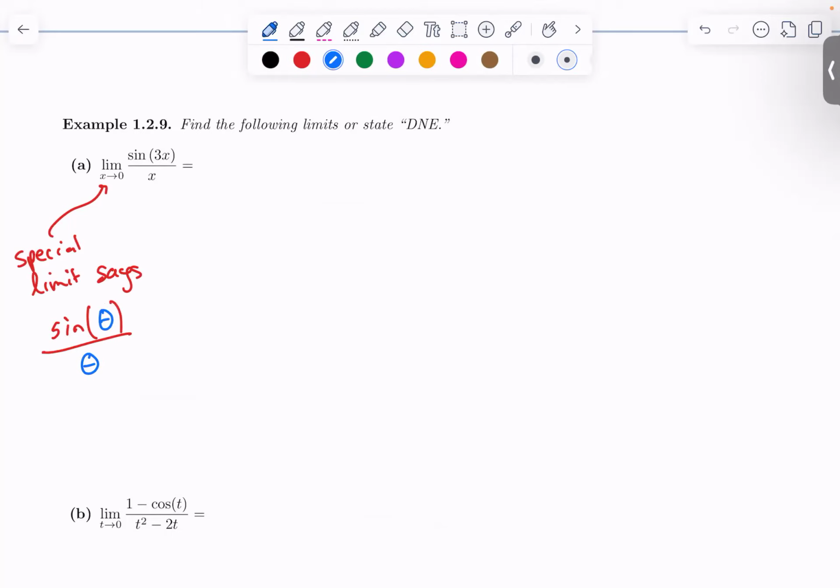And I'll explain why. What we can do, and I wouldn't expect you to know this, is multiply by 3 over 3, just for a second. Then this will be the limit as x approaches 0 of 3 times sine of 3x divided by 3x.